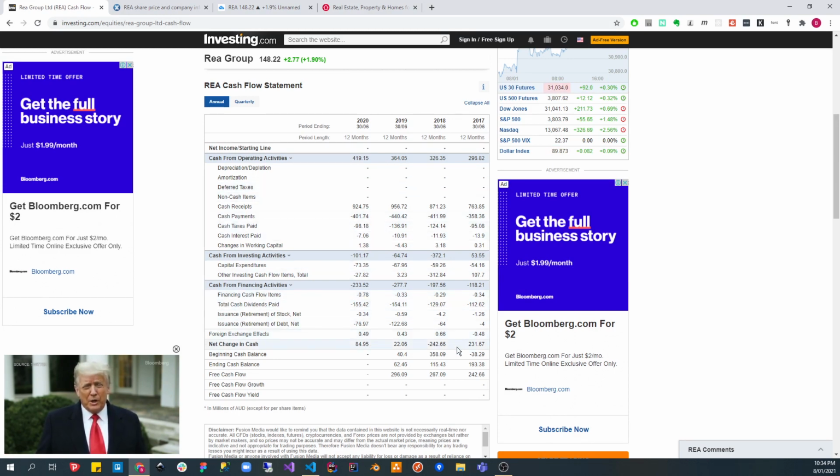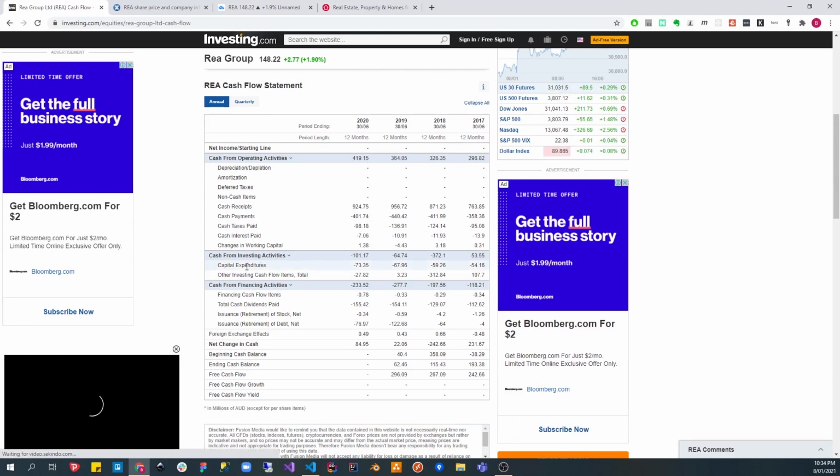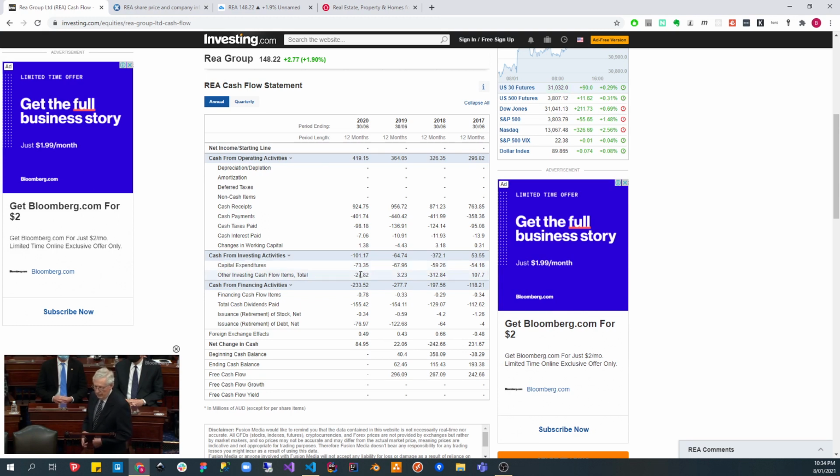Net change in cash. Oh, fantastic. Look at that, $84 million up for the past 12 months. Cash from investing: it's investing a lot of money in something, capital expenditures and other investment cash flow items.